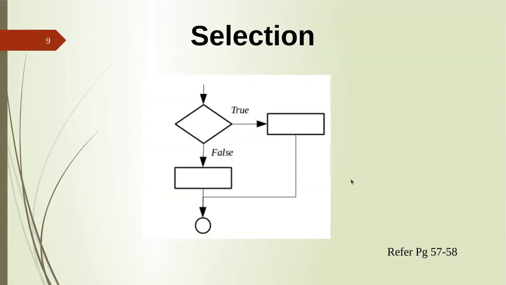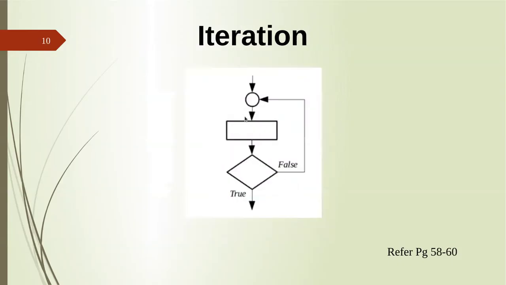That is selection. Iteration: after selecting true or false, we can write according to our requirement. If it is false, go back. If the condition is true, exit. The process repeats until this condition is true.